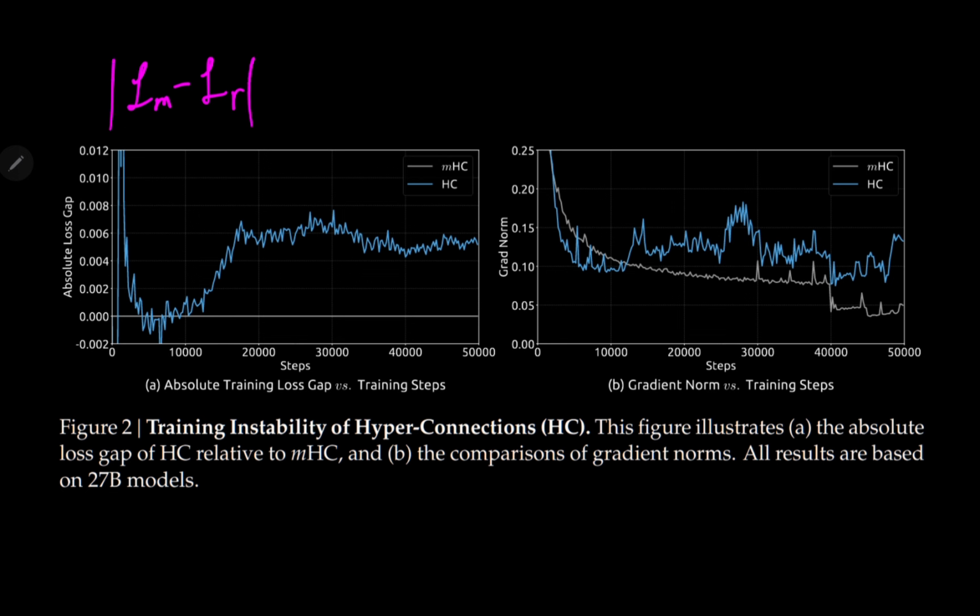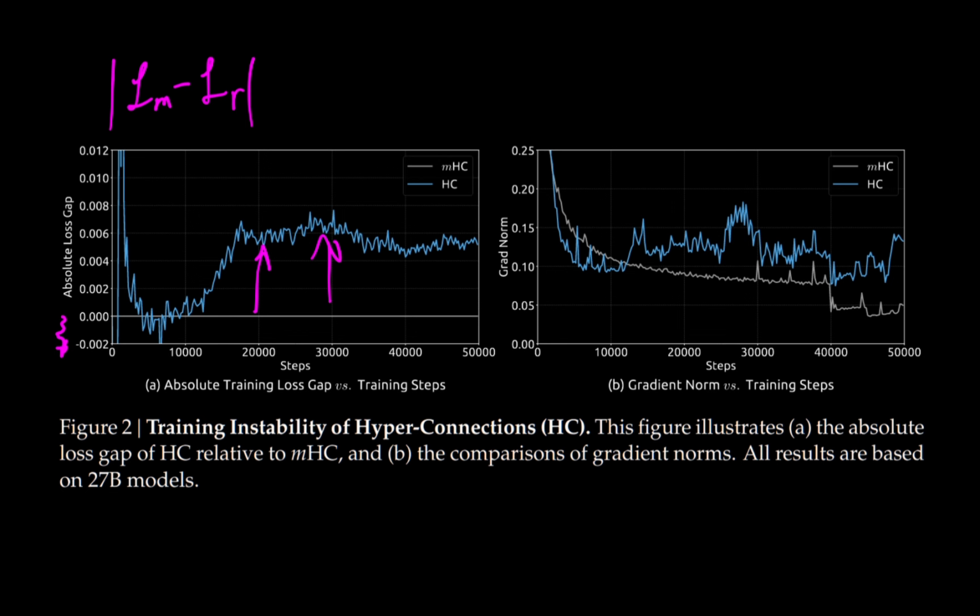When they say it's absolute, it means the absolute value of this thing, which doesn't make sense because here it went even lower than 0, but if it's an absolute value, it should not. So I'm not sure how they calculate it, but they show that it's not stable. It fluctuates a lot, and most of the time this gap is huge, which means that during training we don't have a stable loss function.